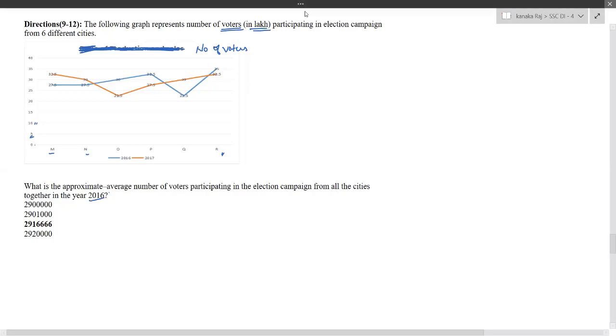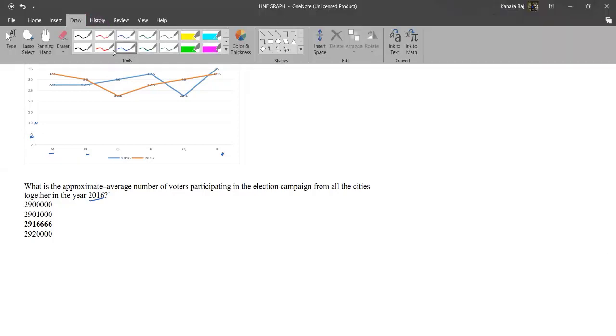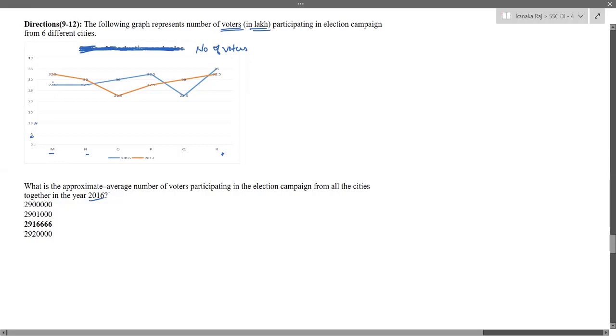What is the total number of people participating in the election in the year 2016? It is 27.5. So I'll write it down here. For the year 2016, it is equal to 27.5.